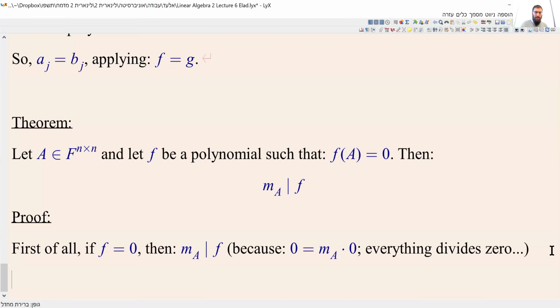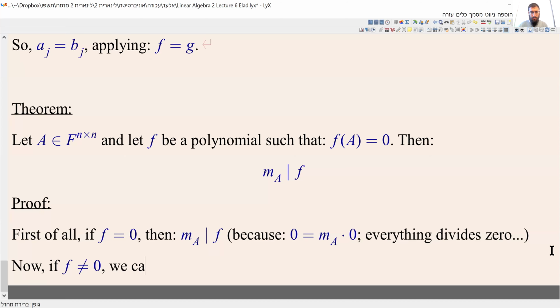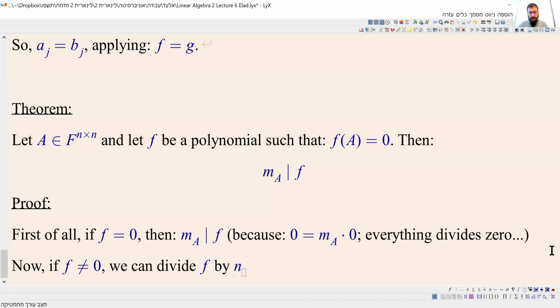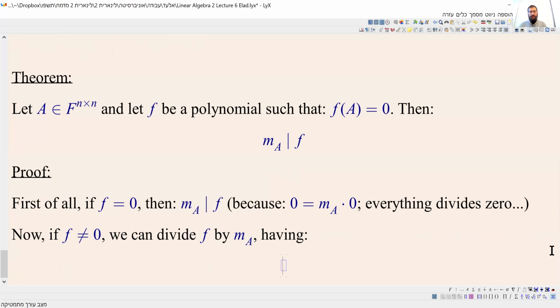Now, what happens if F is not 0? We can divide F by M_A, having that F(x), let's write it down explicitly, is Q(x) multiplied by M_A(x) plus R(x), where R is the remainder.